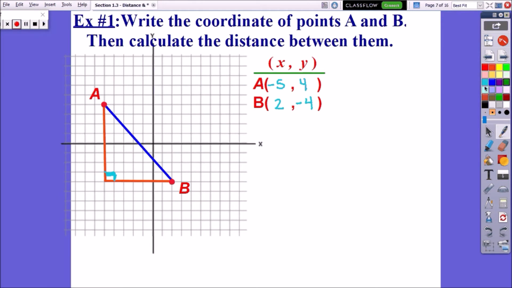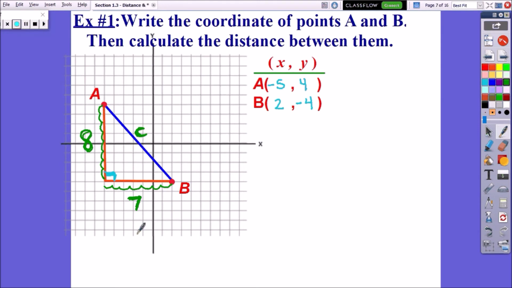So here's the way that we just did it in the last discovery example. We counted our legs here, 1, 2, 3, 4, 5, 6, 7, 8. So this has a length of 8 vertically, and then 1, 2, 3, 4, 5, 6, 7 horizontally. And there's our A and our B values for our Pythagorean theorem, right? And here's our C side.